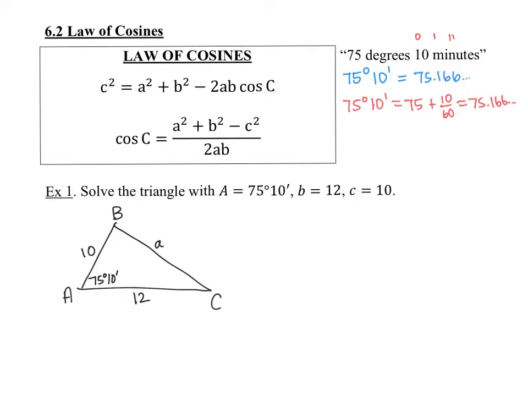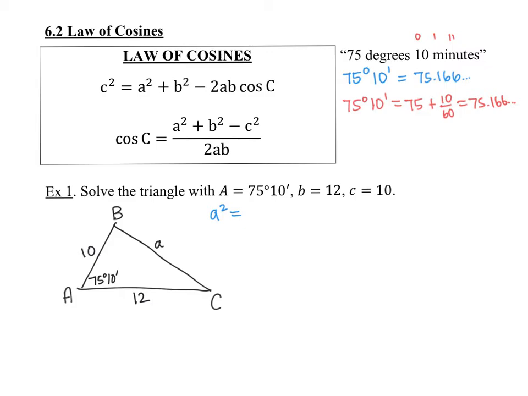I normally look for this little SAS configuration. I know a side, the included angle, and then another side. So I'm actually going to find side a first, and I'm going to use the first configuration of the law of cosines. The a, b, and c can be switched around, but since I'm solving for a, this is going to be the cosine of A. And then these two are going to be the other two sides, the adjacent sides to the angle.